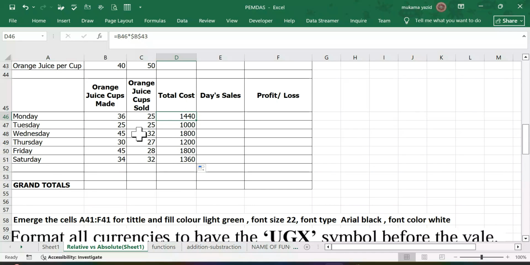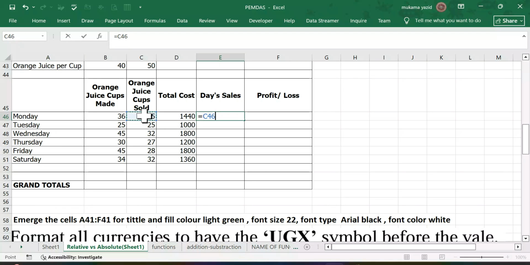If you want to calculate how much you earn, you are going to get it from the cups you sold. So if you want to know the amount you earned by selling the cups, you just say equals how many cups I sold. I sold 25.